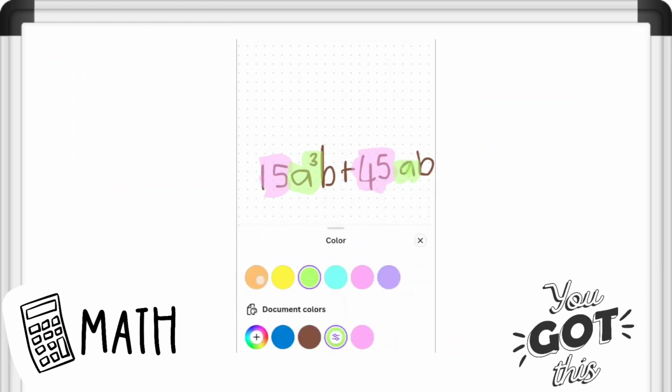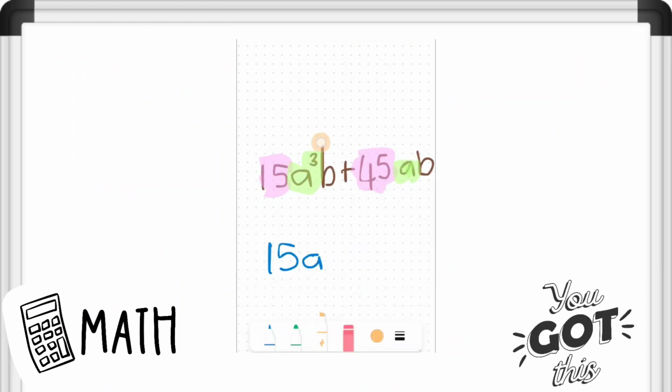Then if we look at our b's, they both have just a b we can take out. That's the smallest one. So now if we divide this term, the 15 and the 15 cancel each other out. A to the power of 3 divided by a is a squared, because 3 minus the invisible 1 here will give me 2. And the b's cancel each other out.